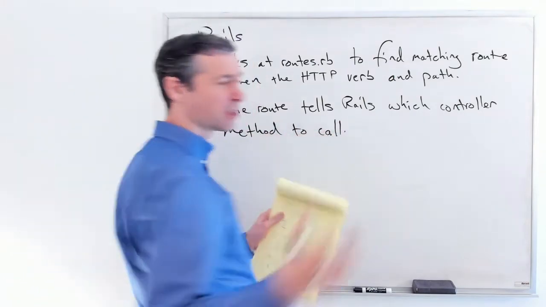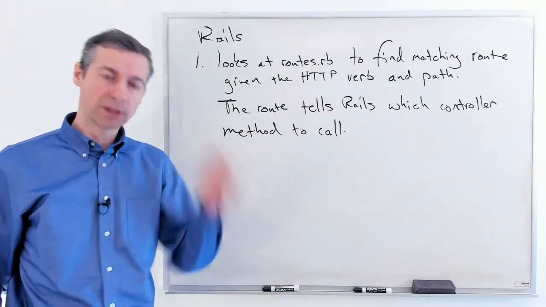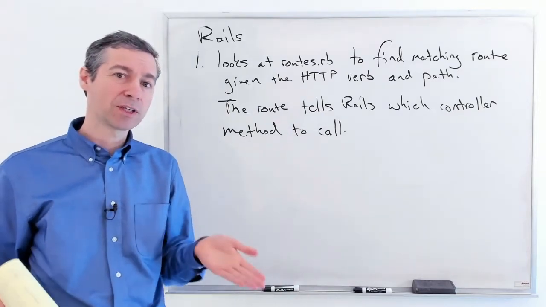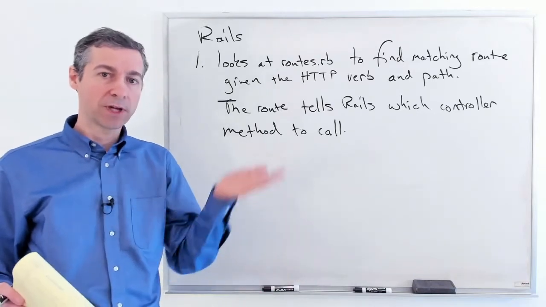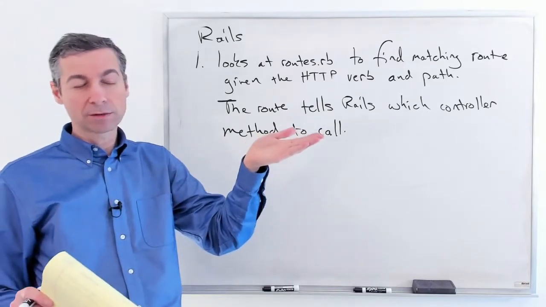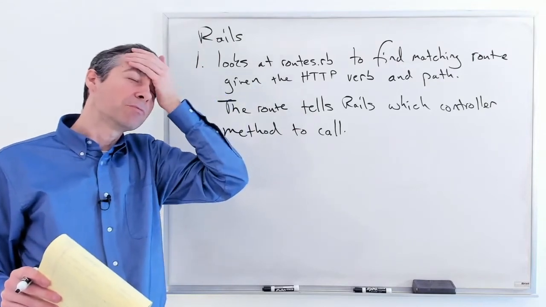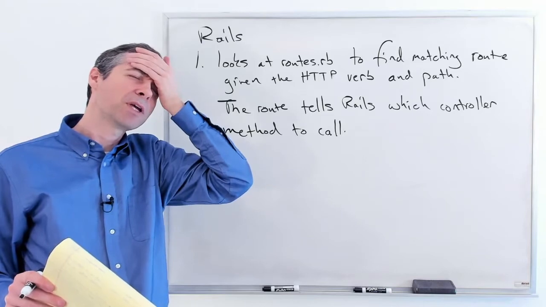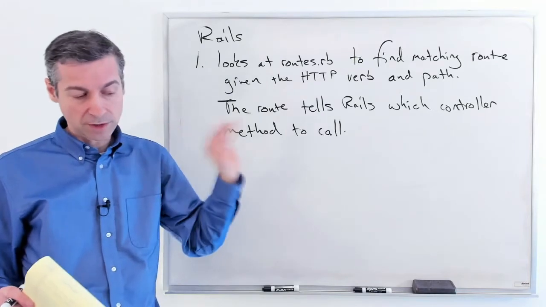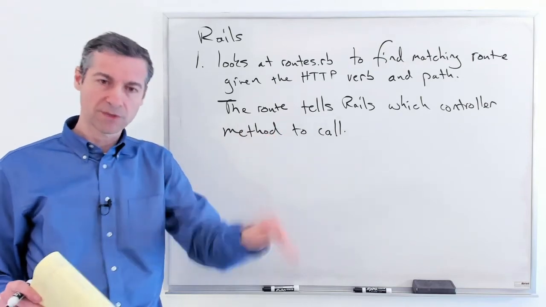And so this is really just a big lookup. Got a request come in, and you've written lots of code, and Rails needs to know which code to call. It's kind of like thinking about your Java program, where you've got a static main method in a particular class that you're telling Java to execute, and your program always starts there.